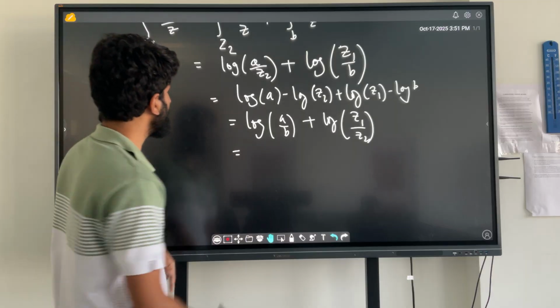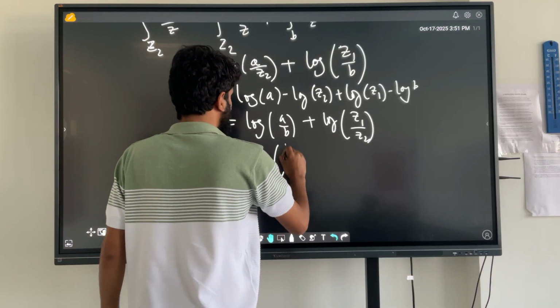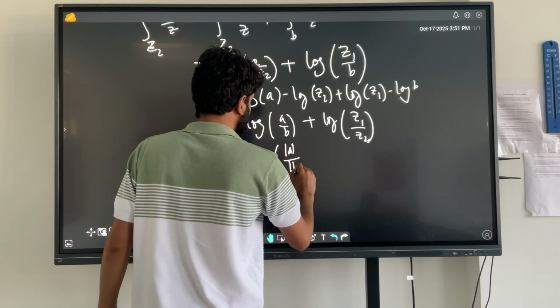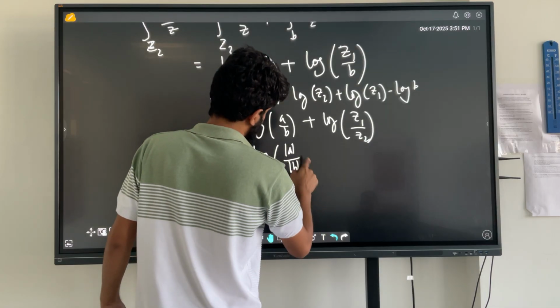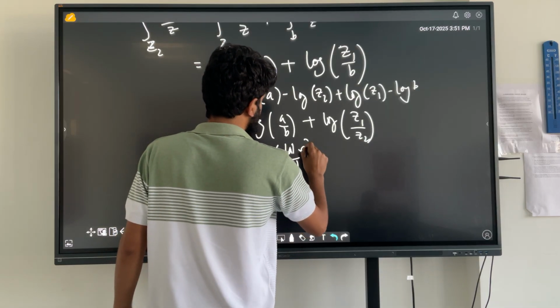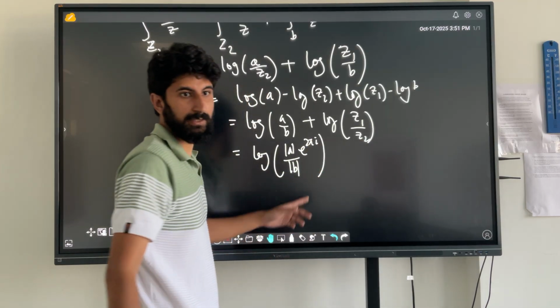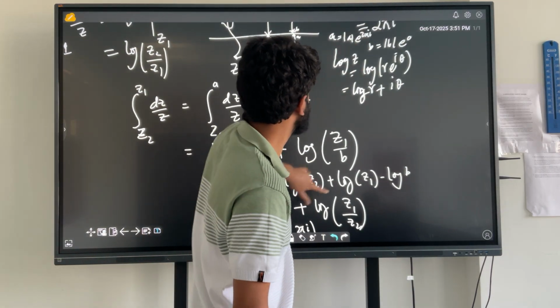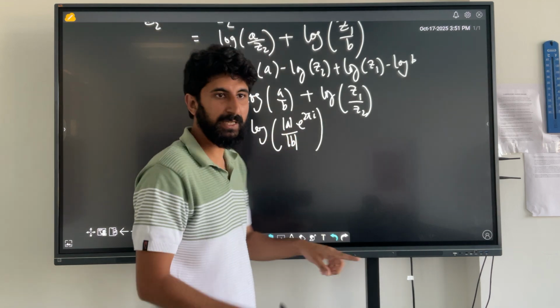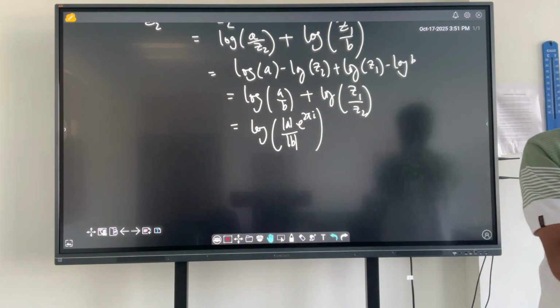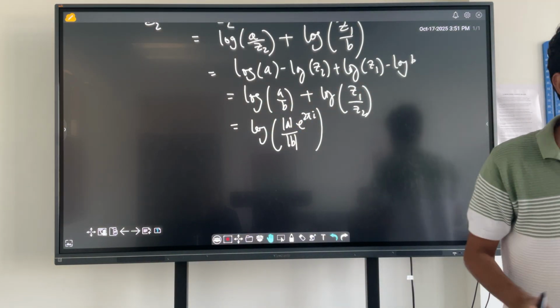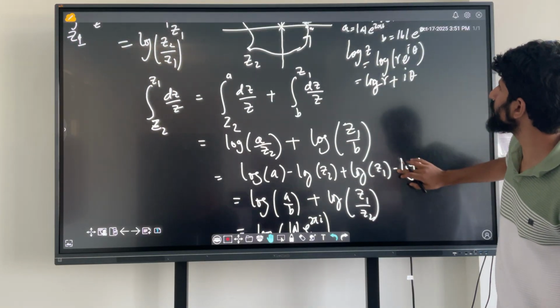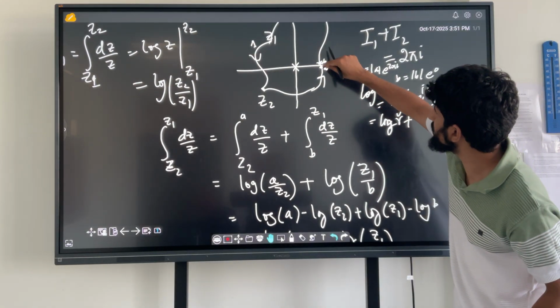What about this ratio then? Log of mod A divided by mod B e power 2 pi i. I just substitute this. But the moduli of A and B are the same. They are so close to the real axis that this length doesn't matter.